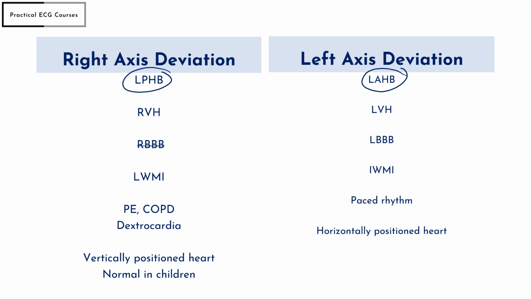You should never diagnose left posterior hemiblock until you have ruled out all other causes of right axis deviation. And the third point is what I discussed earlier. Right bundle branch block is not a cause of right axis deviation or left axis deviation. Isolated right bundle branch block does not have any axis deviation.